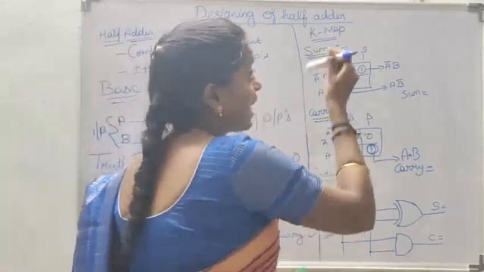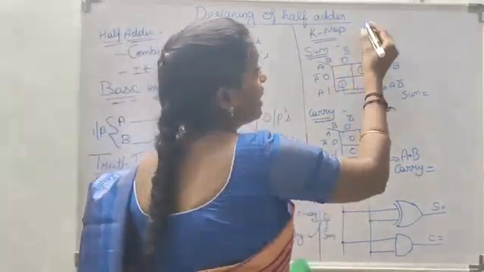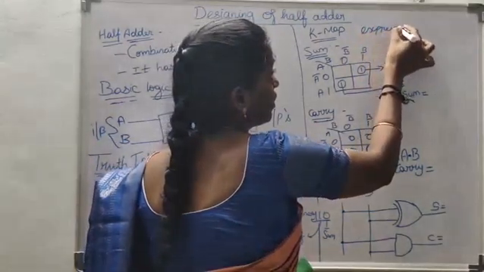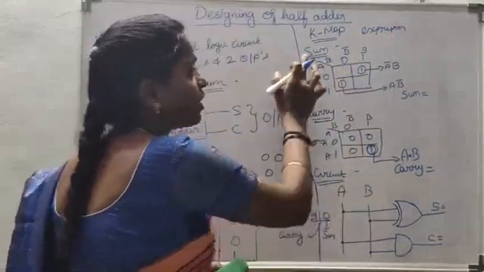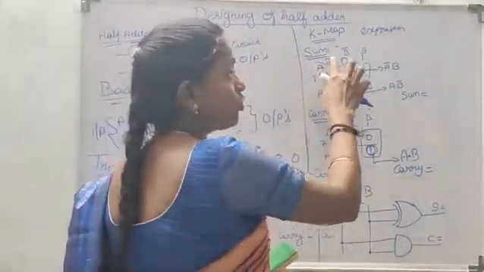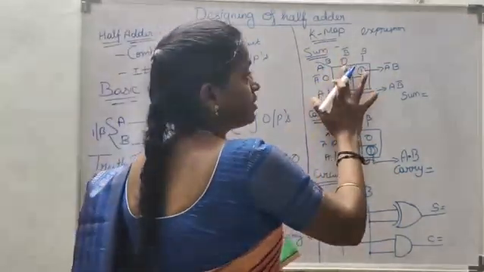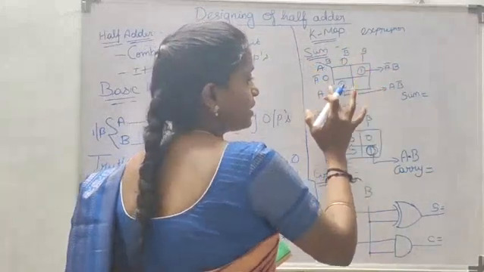Next, using a K-map, we can get the expressions. First, the K-map for sum. Take two variables A and B. Here 0, 1 and then 0, 1.